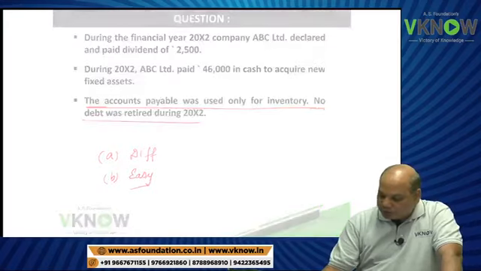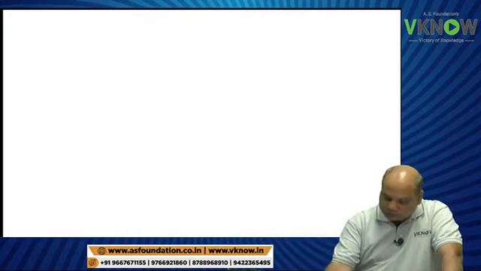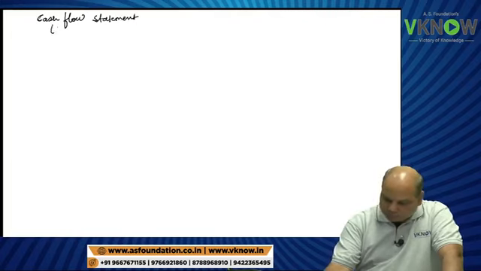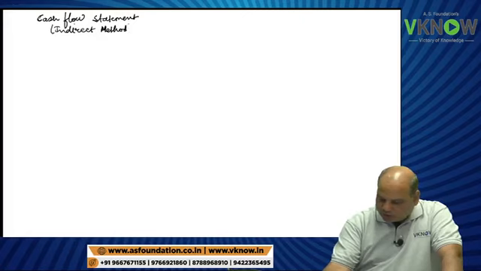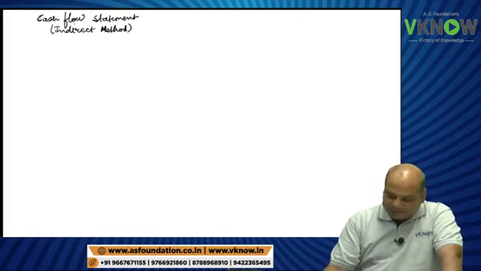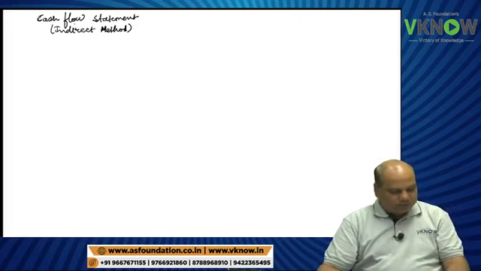So let us try. Write down cash flow statement, indirect method. Just 5 more minutes because there is no major adjustment as such.